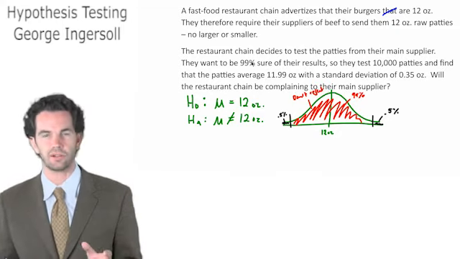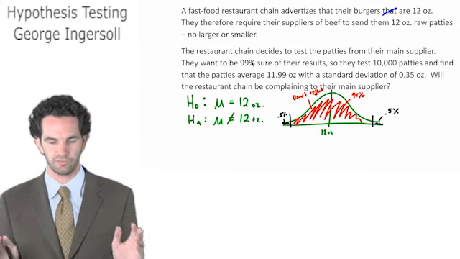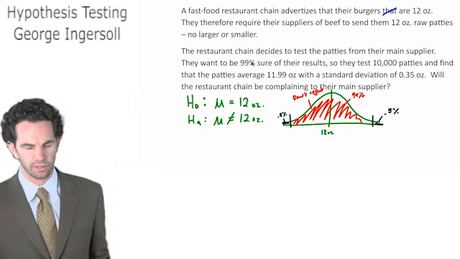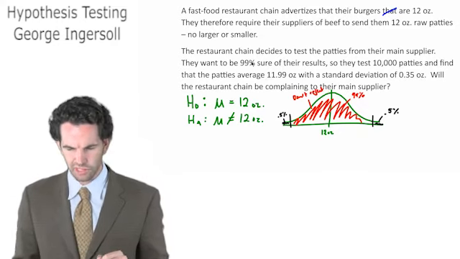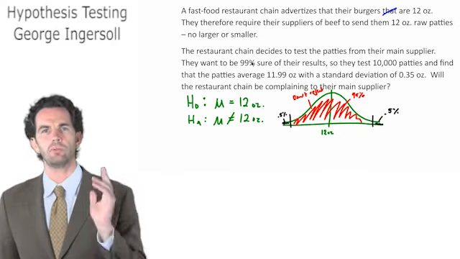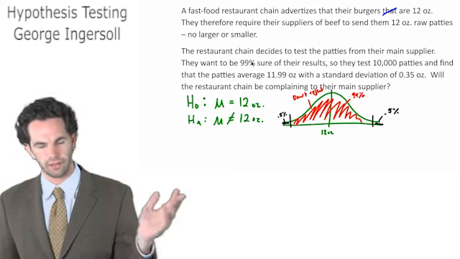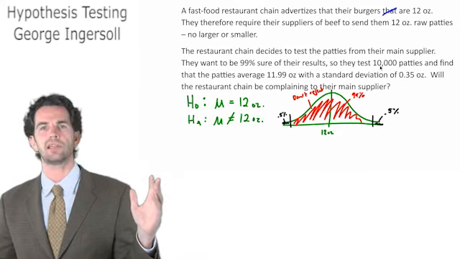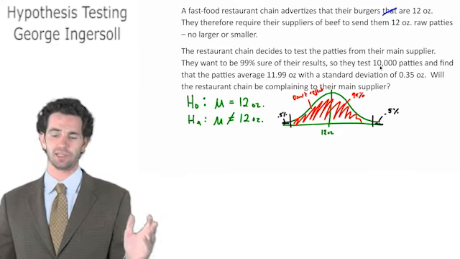We don't know the number of standard deviations that encompasses, but we can figure that out pretty quick by looking up on our z-table. Why our z-table? Let's just take a moment here. We're not actually given the standard deviation for the population. Why wouldn't we be using a t-table? Well, the answer to that is this. We're testing 10,000 patties. That's a really big sample size.